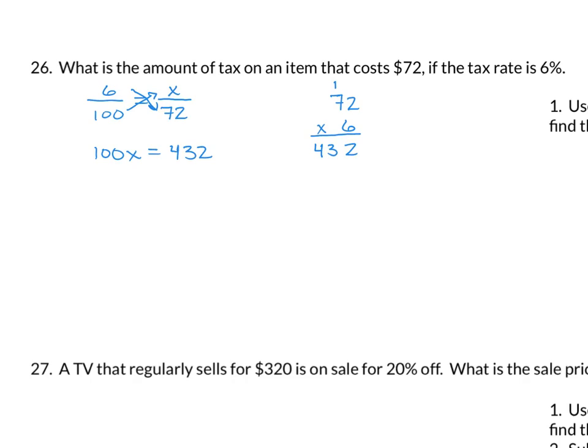So we get 100x is equal to 432. And if we divide by 100, we get x equals 4.32. I'm going to just move my decimal point 2 places to the left. It does not ask us to find the total, and so we are done with this one.